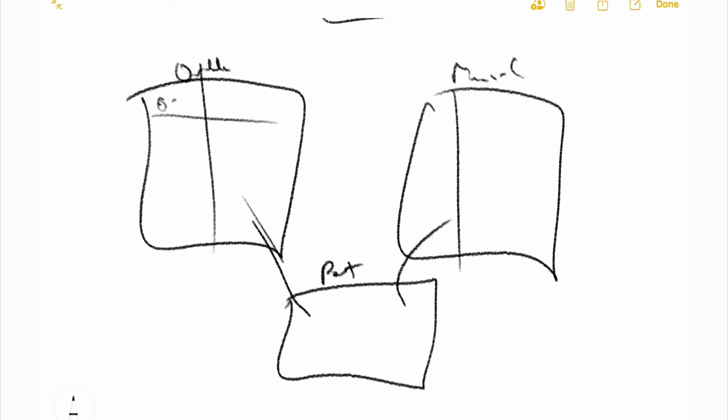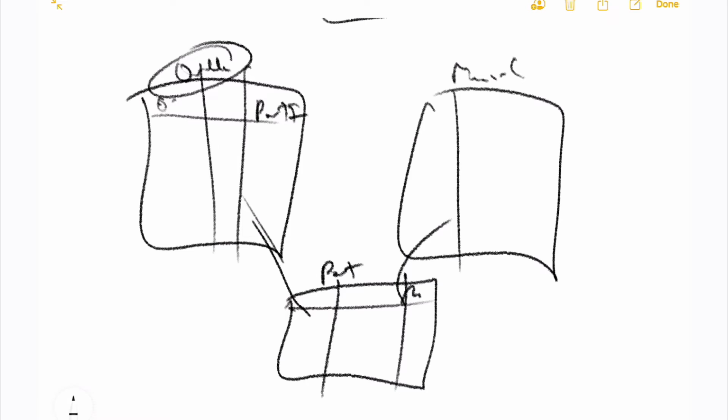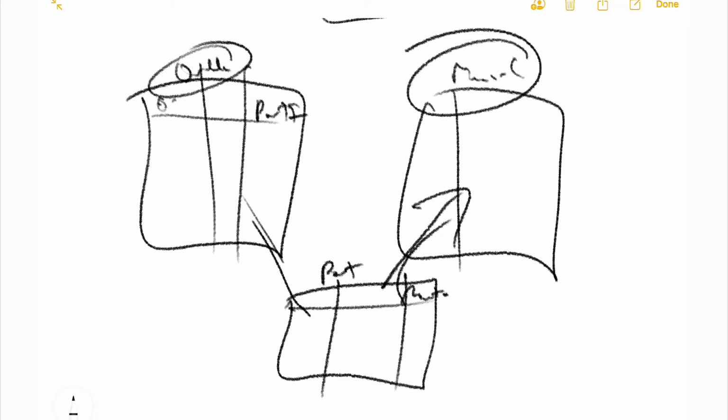Here, you would have the part ID as part of the orders table, and the part would have a manufacturer ID that relates to the manufacturer table. That's how relational databases work.